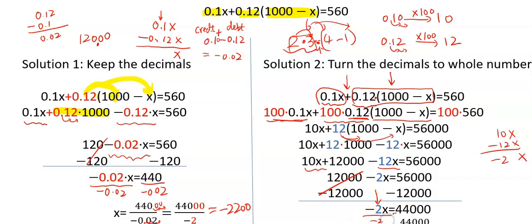So that will give us the same answer, -22,000. Okay, so we take half of 4, which gives us 2, half of 4 gives us 2, and half of 0 gives us 0. So the answer is -22,000.